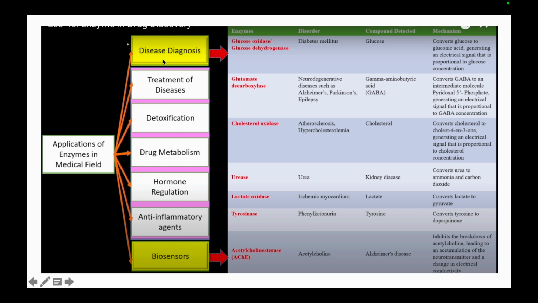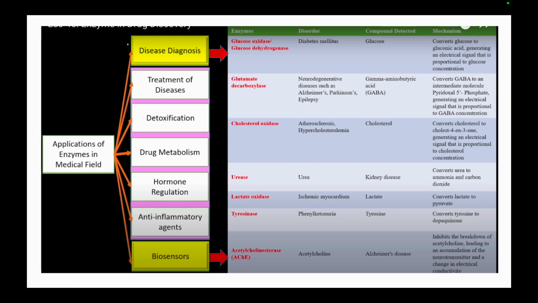In disease diagnosis, as we already studied, we can measure different organ damage or other diseases or disorders by estimating the enzyme present in the blood or directly from any tissue sample. For example, we can measure glucose by the enzyme glucose dehydrogenase or glucose oxidase.